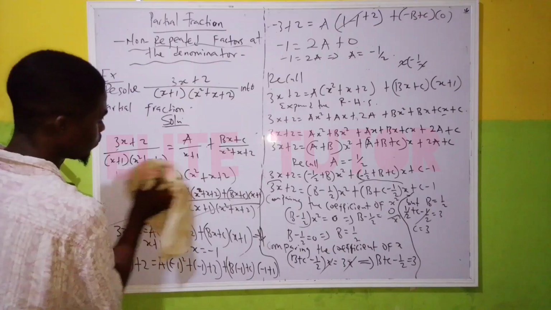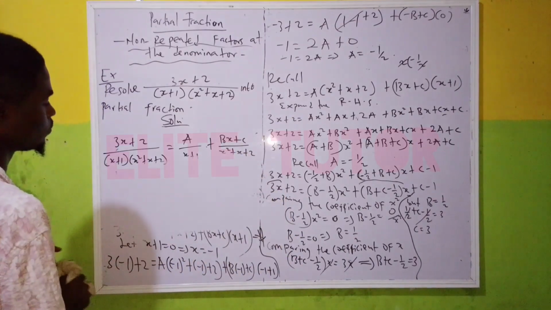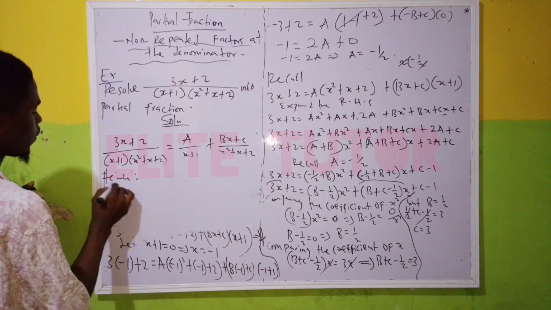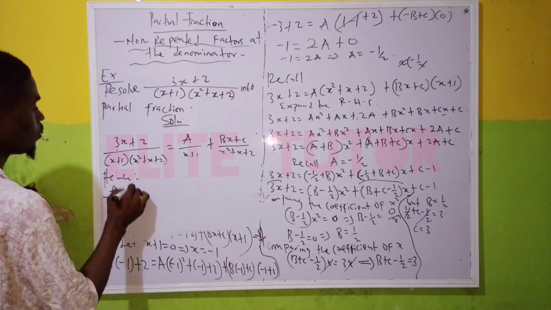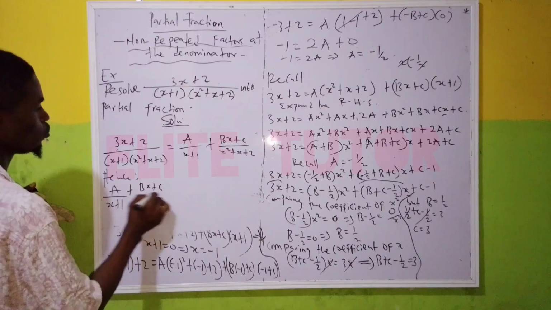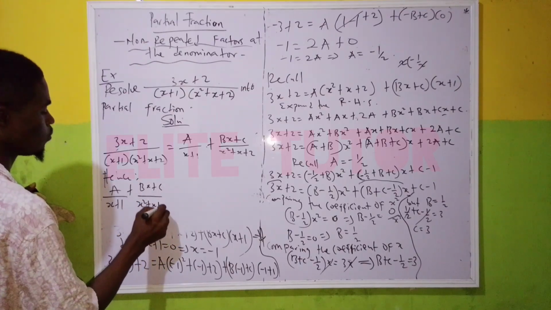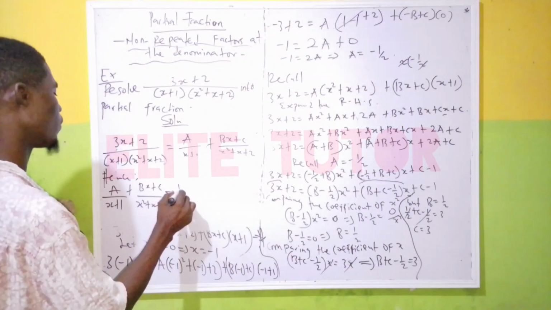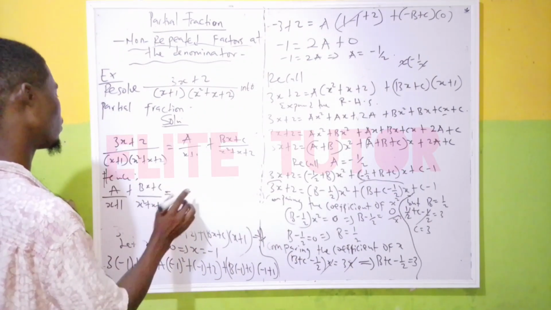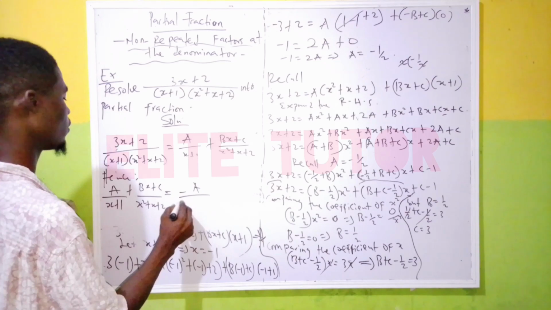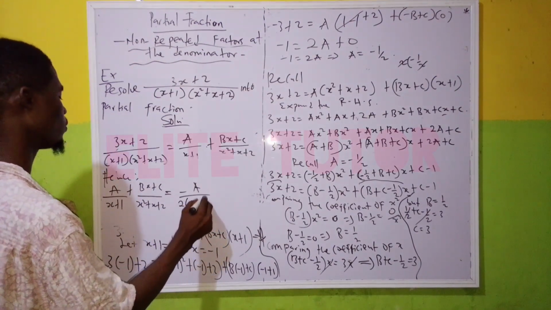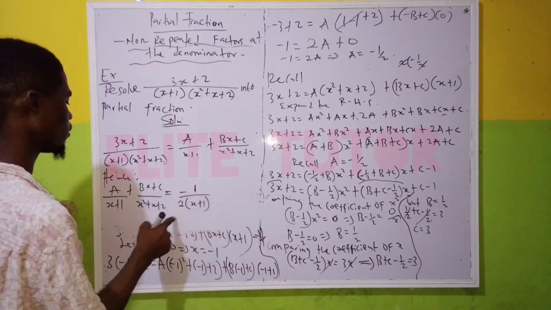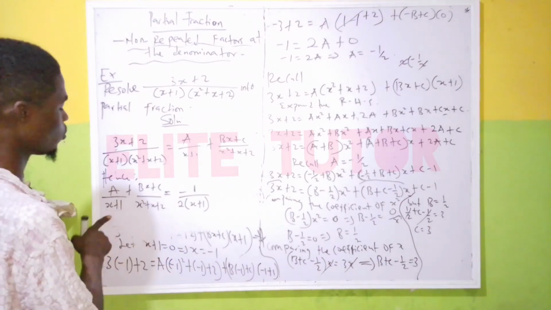So hence our A over x plus 1 plus bx plus c over x squared plus x plus 2 is equal to, for the value of a, we have minus 1 over 2x plus 1.